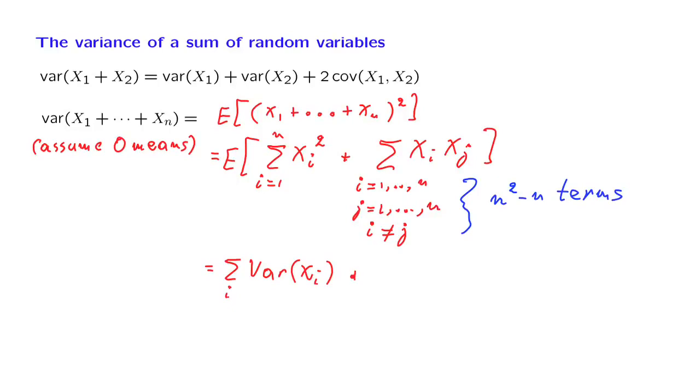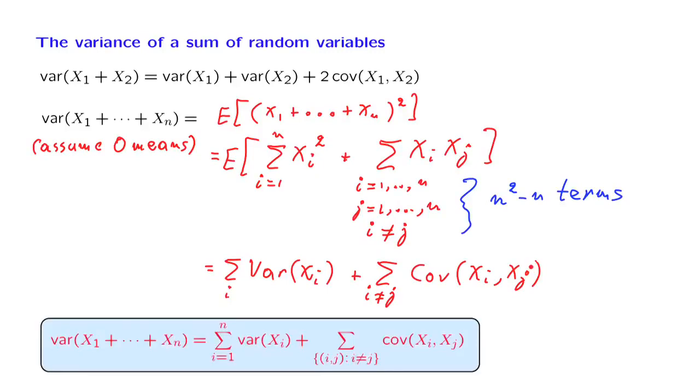And similarly here we're going to get this double sum over i's that are different from j of the expected value of xi xj, and in the case of zero means again, this is the same as the covariance of xi with xj.